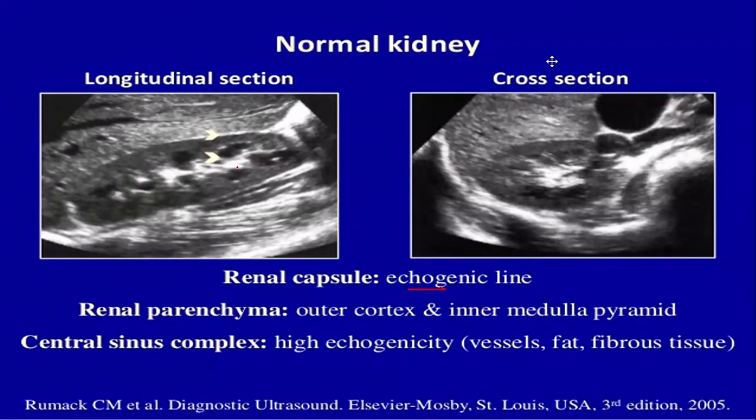This is the transverse cut, the cross section. So of course, it's the renal pelvis here. As long as it is not hydronephrotic, or there is no pelvocalectasia or hydronephrosis, it is like that because this is the normal one.